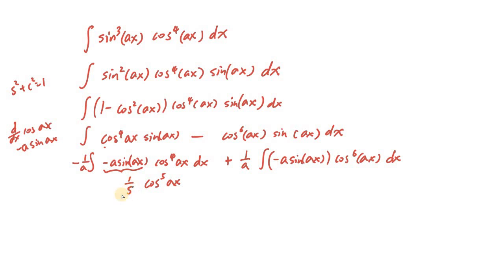So we're going to have the 1 over 5 in front, and then we're going to keep the 1 over a minus in front, plus keep the 1 over a, and this term similarly is absorbed when the chain rule happens. So the 6 becomes a 7, you get a 1 over 7 cosine of ax. So I'll put the parenthesis here to be more explicit, plus c. So there you go, that's the answer.